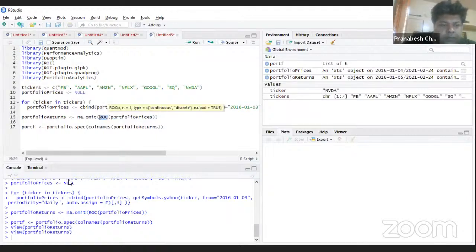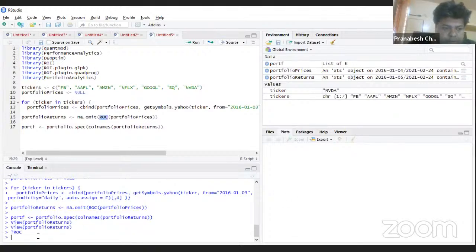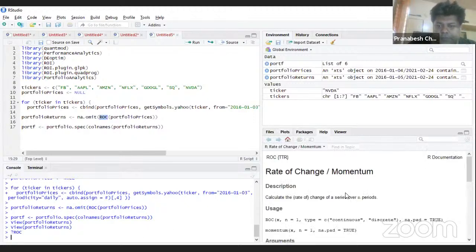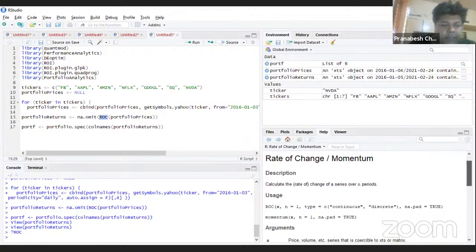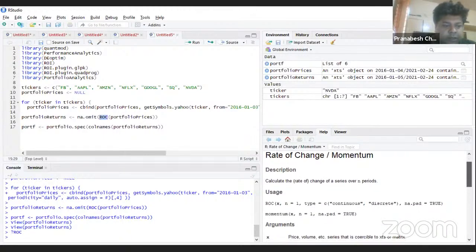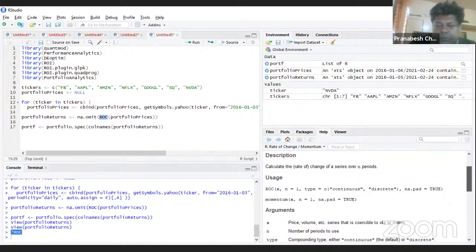If you want to actually see a particular function's definition, you can do this. When you click on ROC, it is rate of change. You can see the definition of any function by writing a question mark followed by the function name, and you will be able to see what it exactly does.